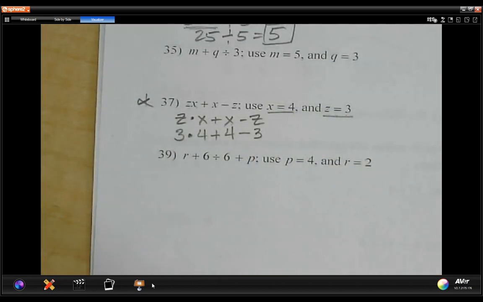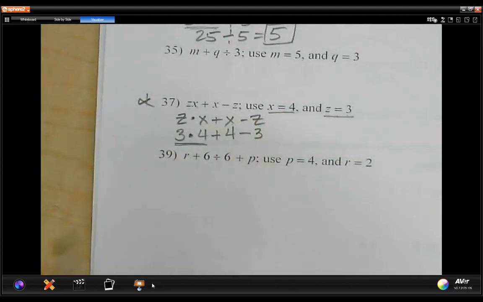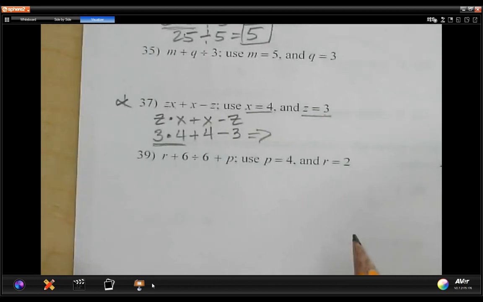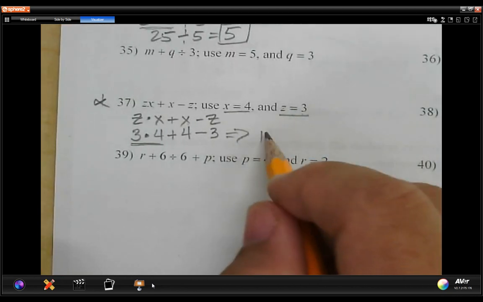Now again, I want you to really pay attention to what you should do first. And just like we read, we're going to start from left to right, and we're looking for our order of operations. So no parentheses, no exponents, but I do see multiplication right here. So 3 times 4, I'm just going to bring my work over this way. 3 times 4 would be 12.